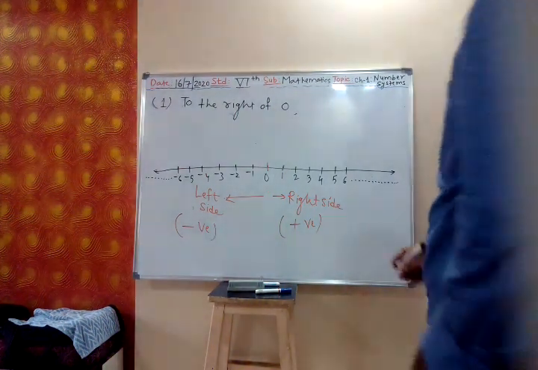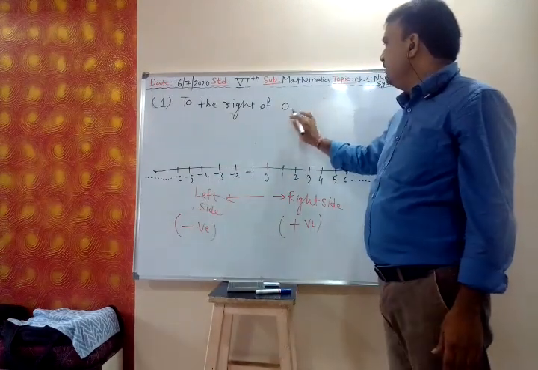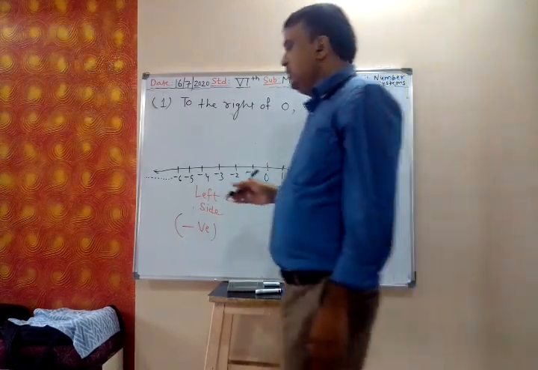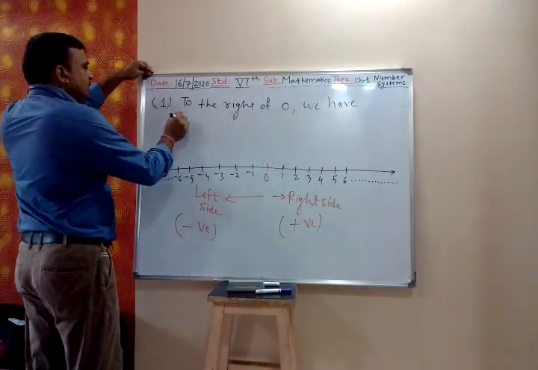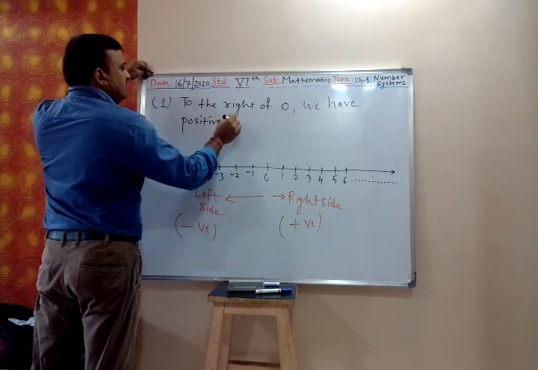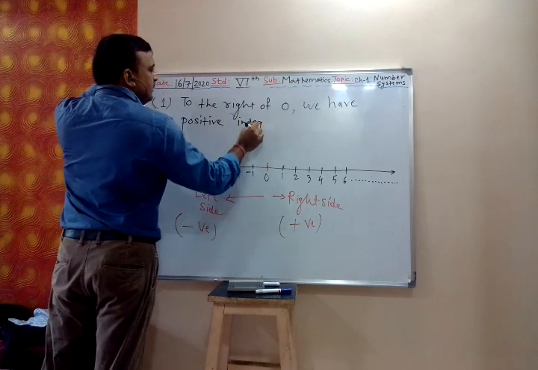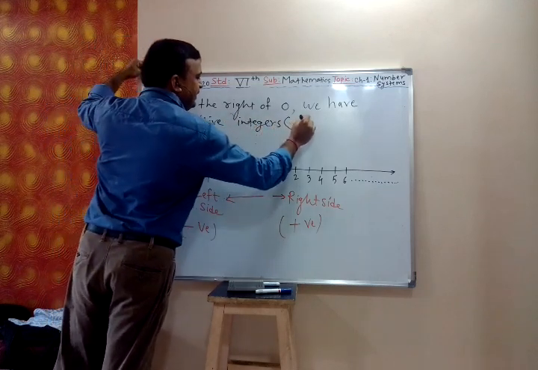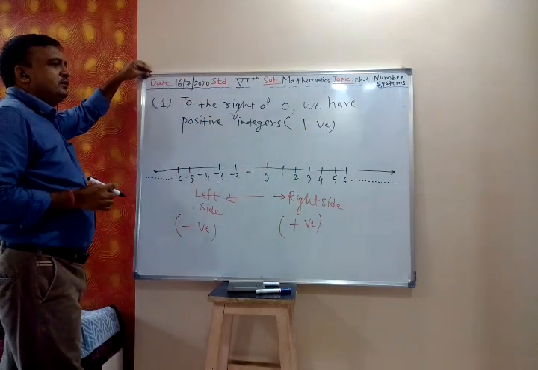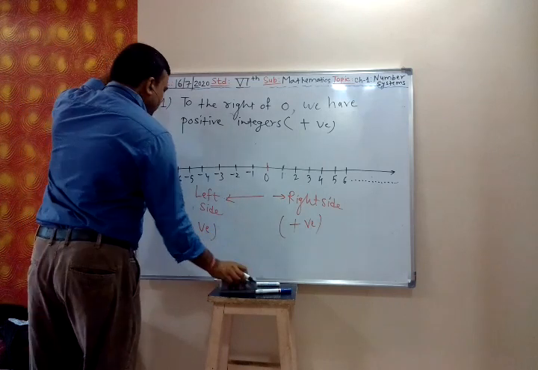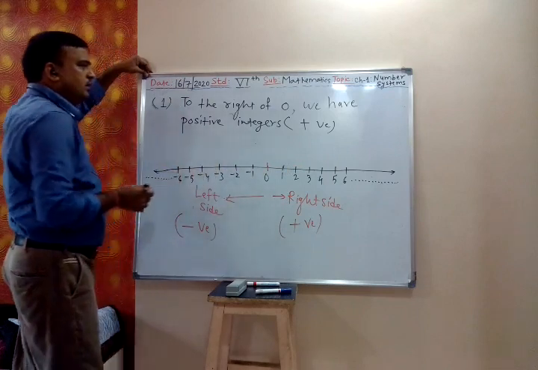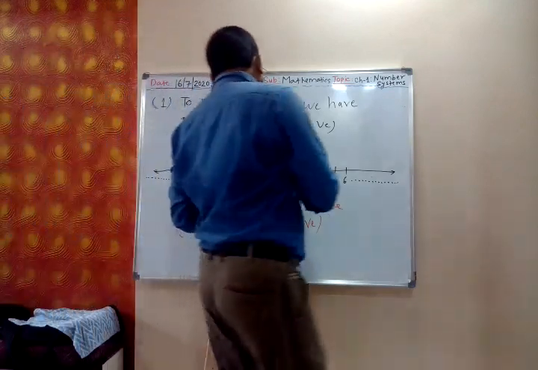To the right of 0 we have positive integers. Positive integers we write with a plus sign.